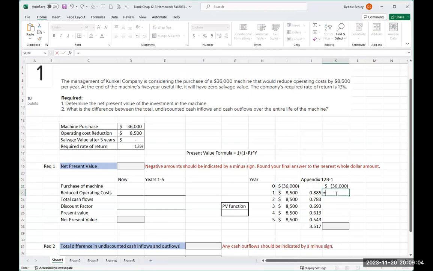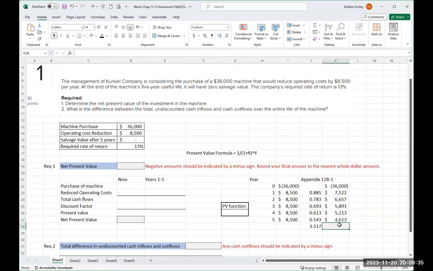And then for each of the following years, it's going to be the operating cost reduction times the discount factor. And I'm going to drag those down, and it gives me the discounted amount for each one. It's just that cost reduction times the discount factor for each year.